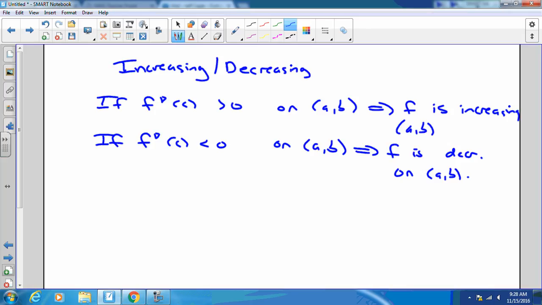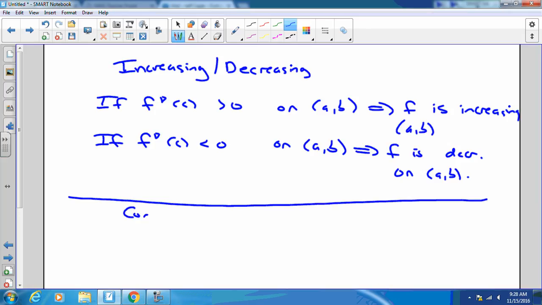Then yesterday we considered concavity, and we had a threefold kind of relationship here.